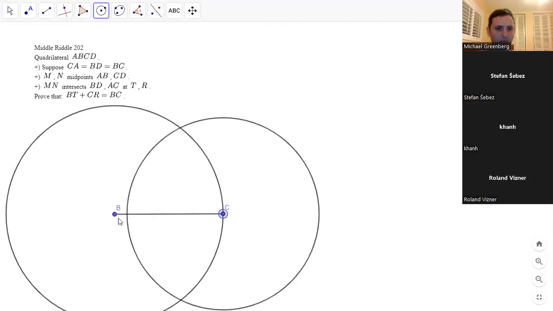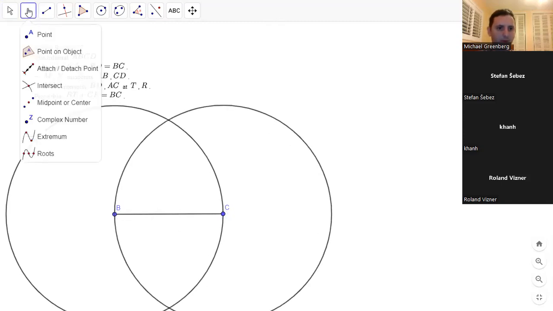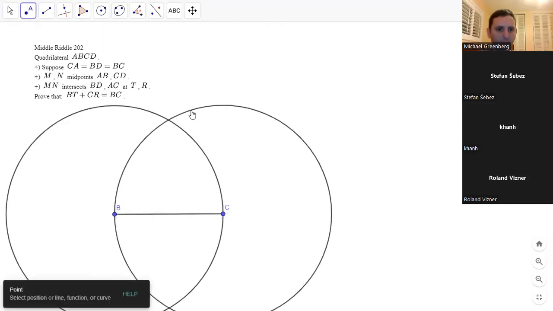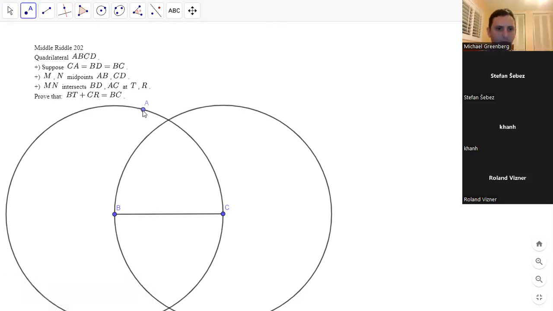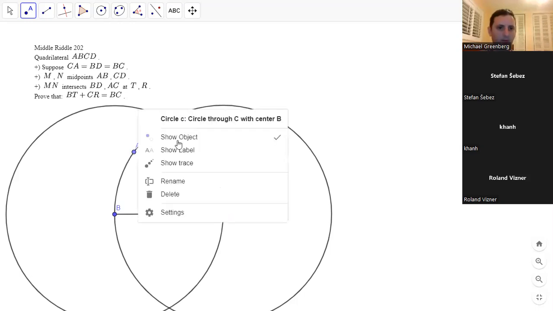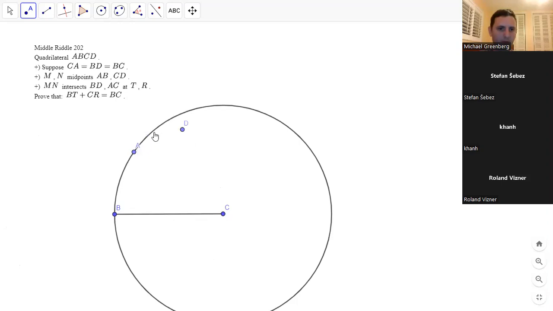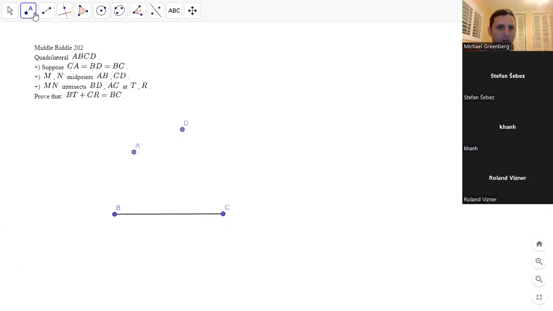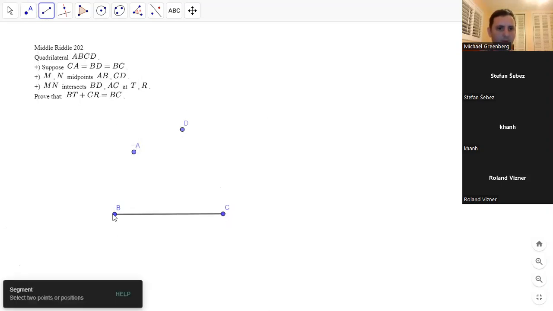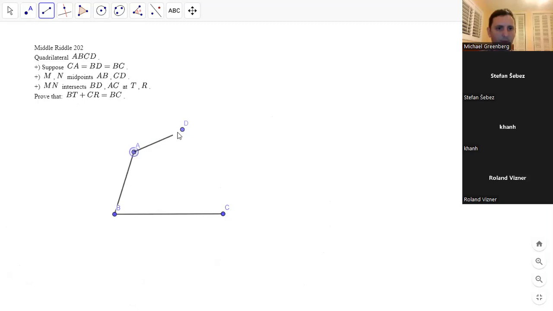So CA is equal to BD. Wait a sec. So this could be A, and that could be B. Okay. And then M and N are the midpoints of AB and CD.